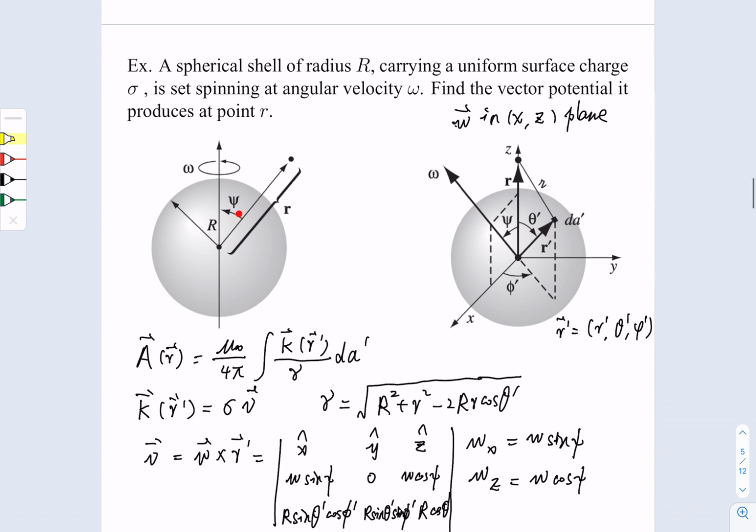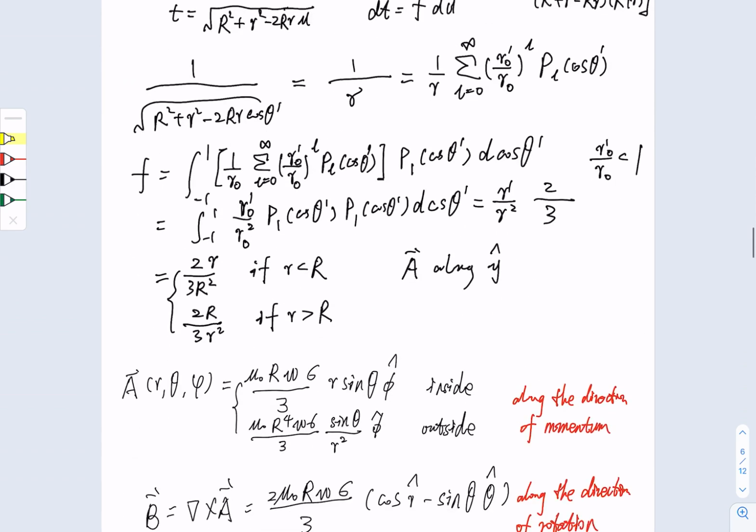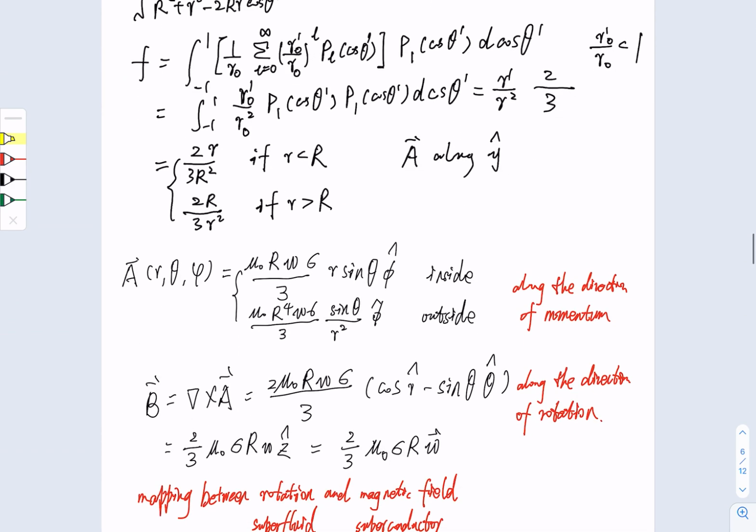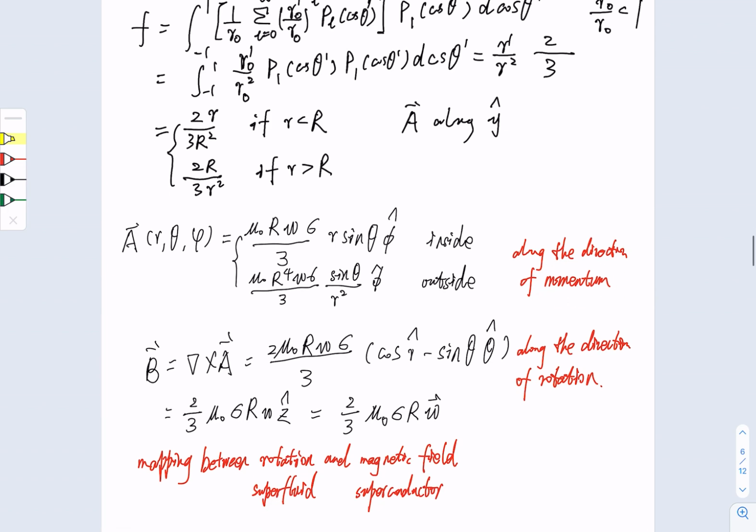So all this current will be flowing in this phi direction, and the current carries the momentum along the phi direction, and so this A is also along the direction of the momentum. So there is actually some relation between the vector field and the momentum.